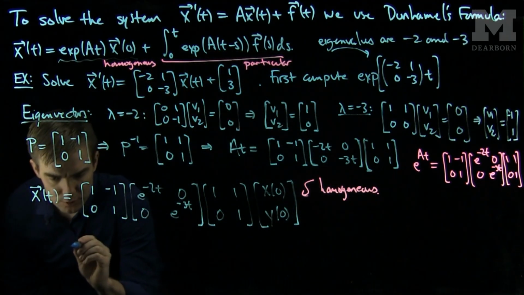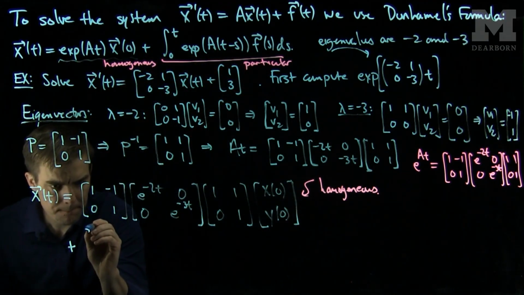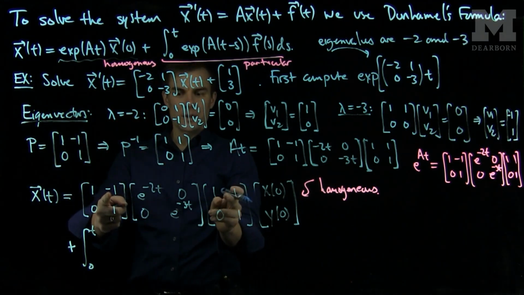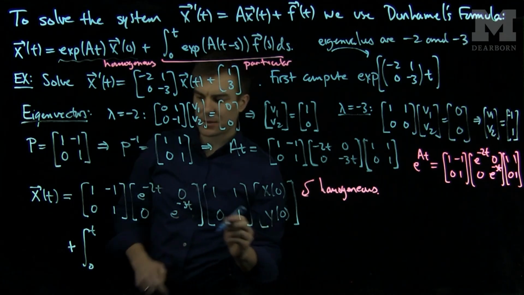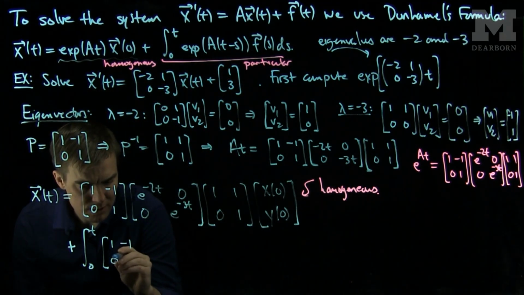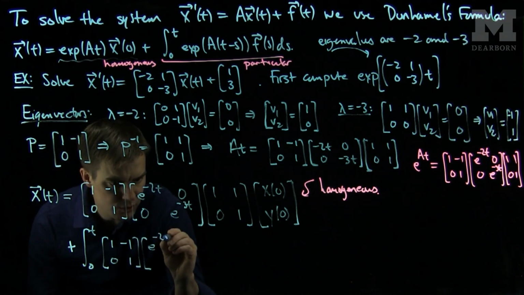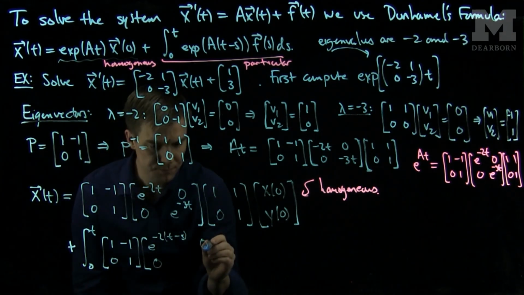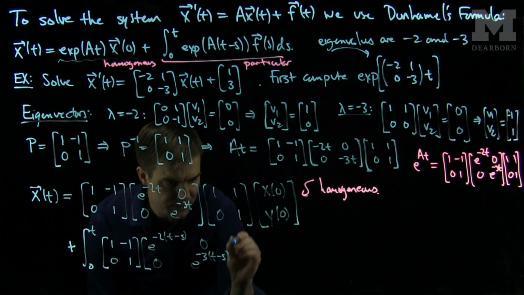So the particular solution will be the integral from 0 to t of this whole matrix exponential with t replaced with t minus s. So we will have a 1, negative 1, 0, 1. Then I will have e to the negative 2(t minus s), 0, 0, e to the negative 3(t minus s).